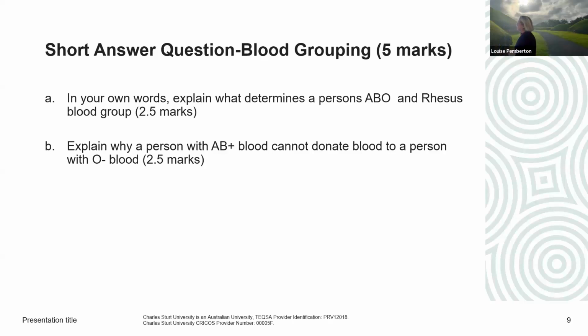All right, can you explain why a person with AB positive blood can't donate blood to a person with O negative blood? Because the B blood has the antigens that would work against what the O negative blood has, creating agglutination. You're almost there.